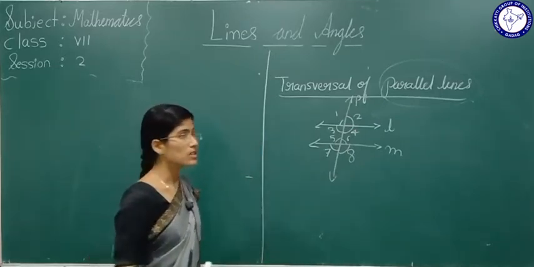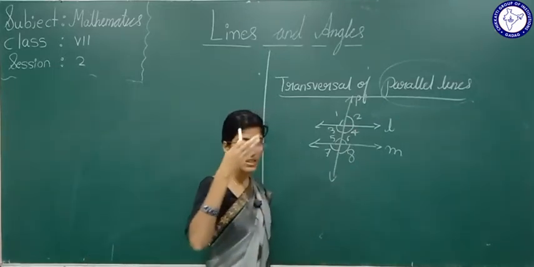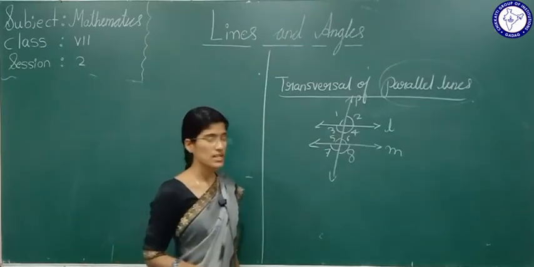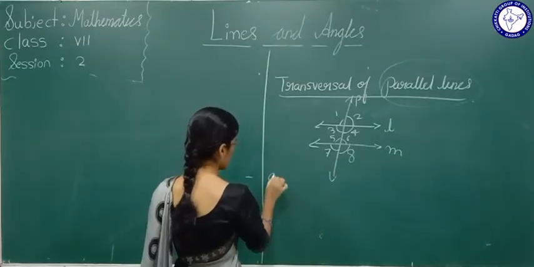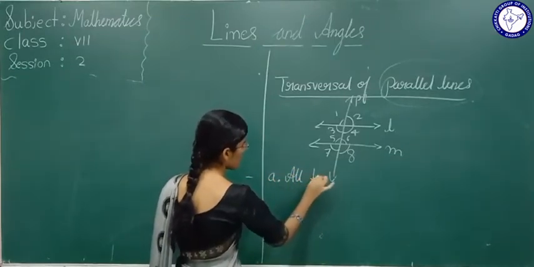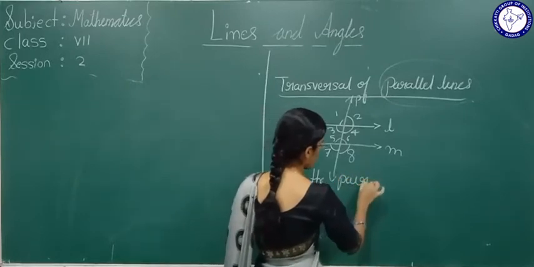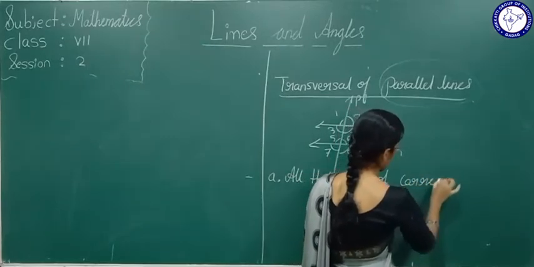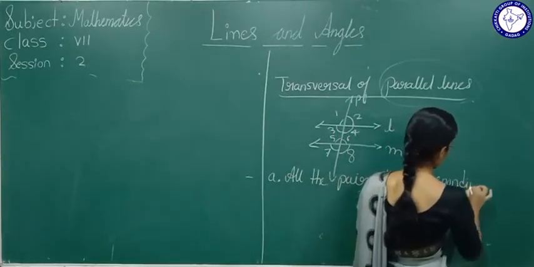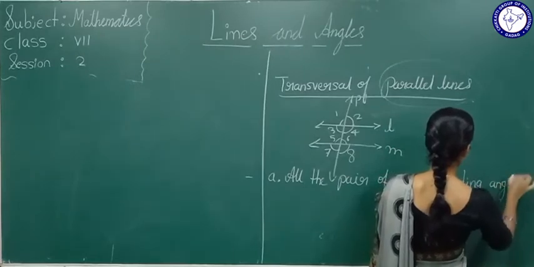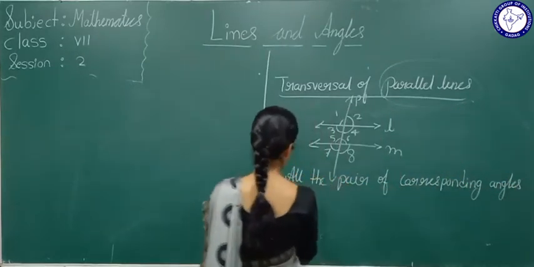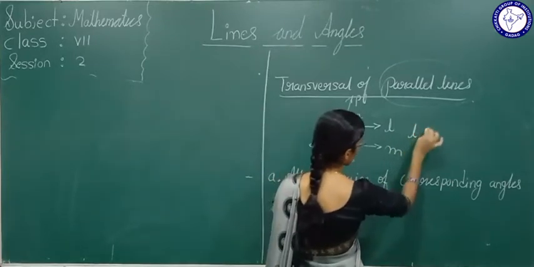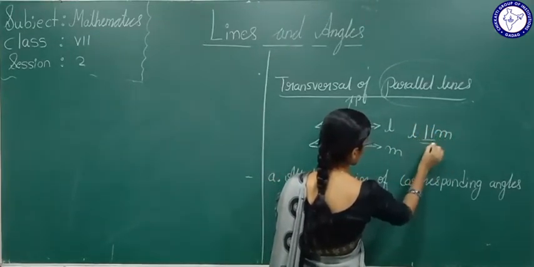Now see here, some properties are there. If a line intersects two parallel lines, then all the pairs of corresponding angles are equal. Now see here, L is parallel to M. This is the symbol for parallel.